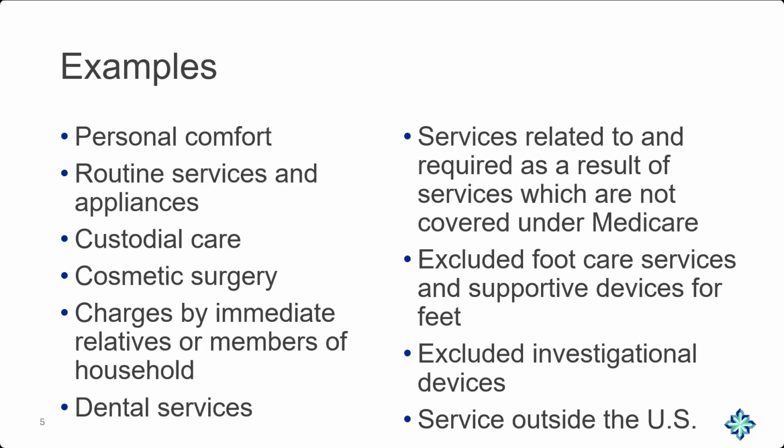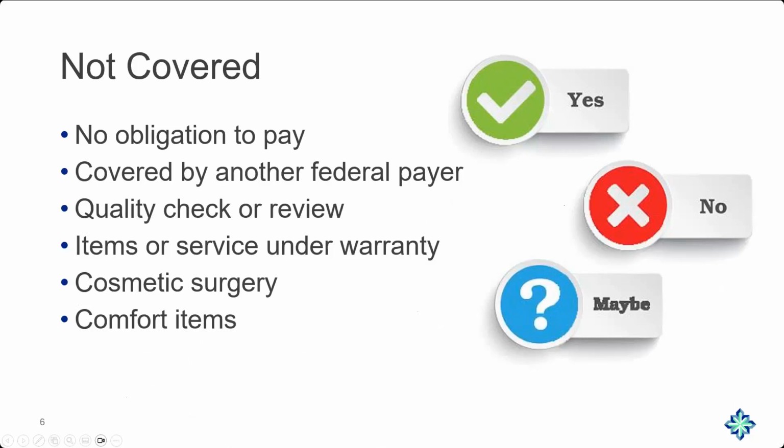Which led me to add some additional slides. One, if it is not covered because there's no obligation to pay, then there is no Medicare coverage for it. Let's give an example. I pay taxes for ambulance coverage. Because my taxes pay for that coverage, I'm not obligated to pay an individual. It's part of my property tax. You have no obligation to pay for that service.